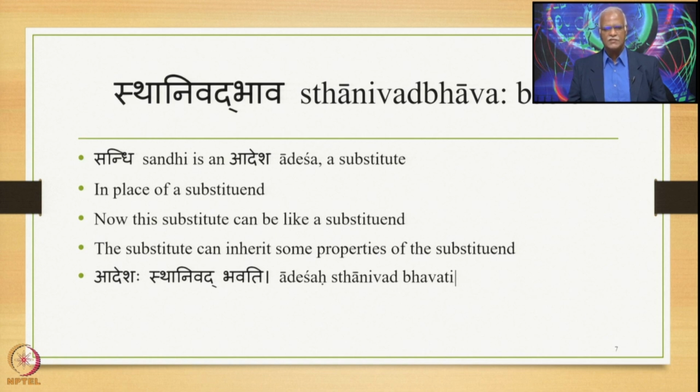The second step consists of the substitute plus the environment in the current scenario. Now this substitute can be like a substituent. That is what will ensure the continuity of the derivation process as well. What we mean is that the substitute can inherit some properties of the substituent.